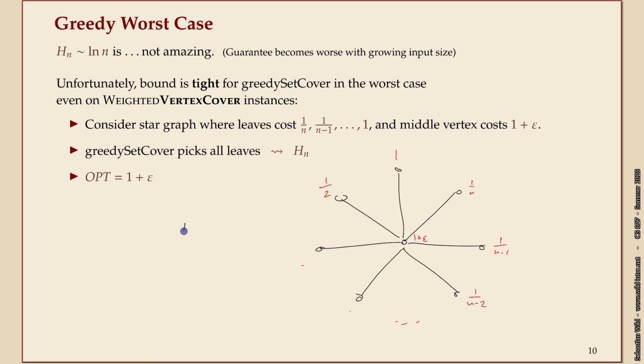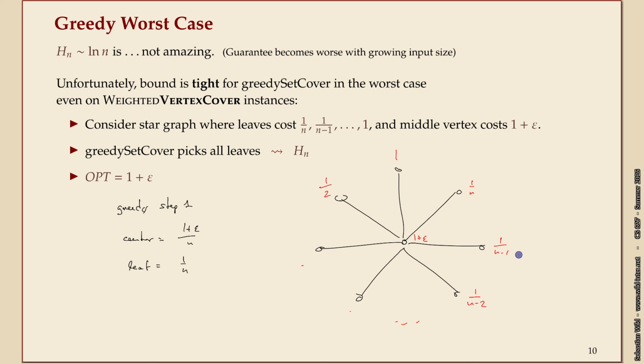So the cost per element for the center initially is 1 plus epsilon divided by n, whereas the leaf has 1 over n, so that wins. So I'm going to pick that leaf in the greedy algorithm, and then the same thing happens again. I have one less element to cover, so I have 1 plus epsilon divided by n minus 1 in the next step.